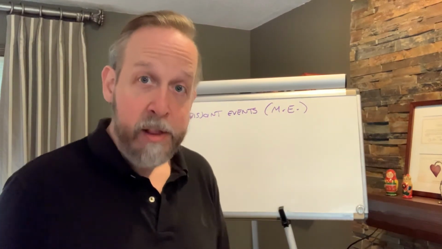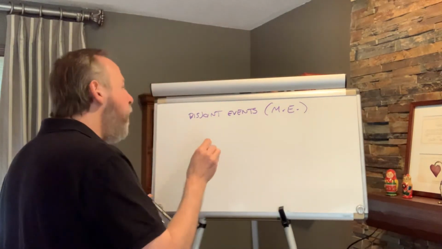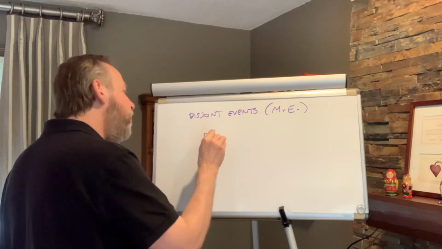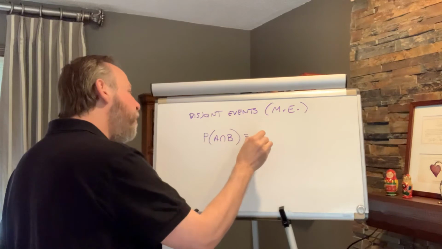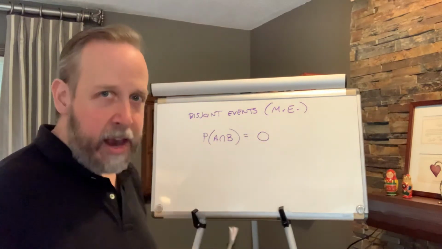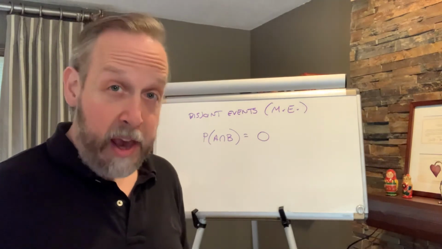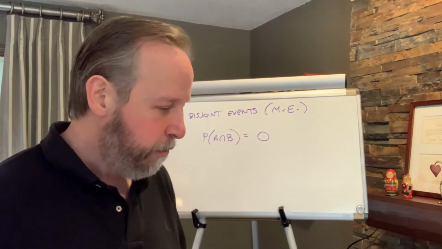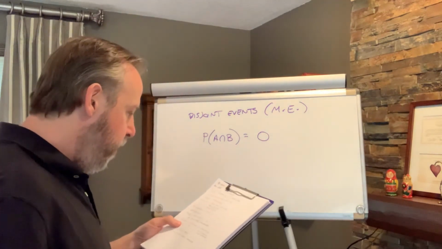Well, they cannot occur at the same time. So what is the numerical or formulaic way that we prove two events are disjoint? If their intersection's probability is 0, which means they cannot occur at the same time, we have disjoint events. If they can occur at the same time, we call them joint events, or not mutually exclusive. Okay, so far so good.